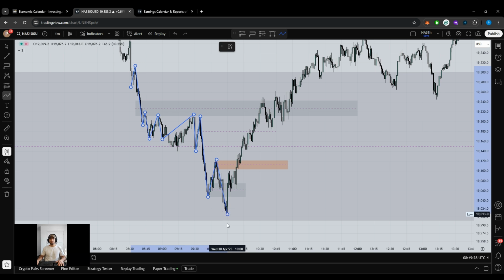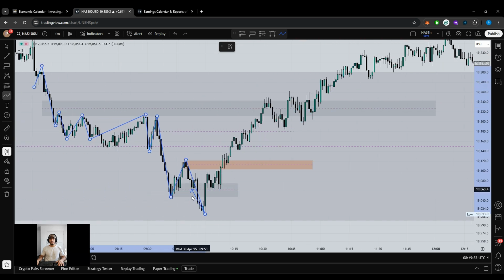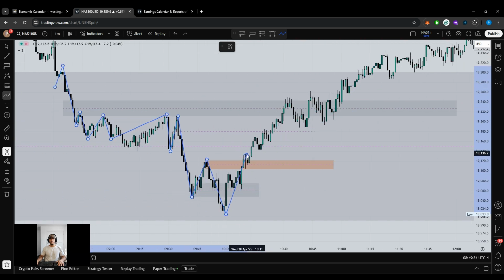New low right here. You see this? Right here, past the high, new high, close above, boom, back down. This is a swing low, back up. Look at this. Perfect bullish market structure.